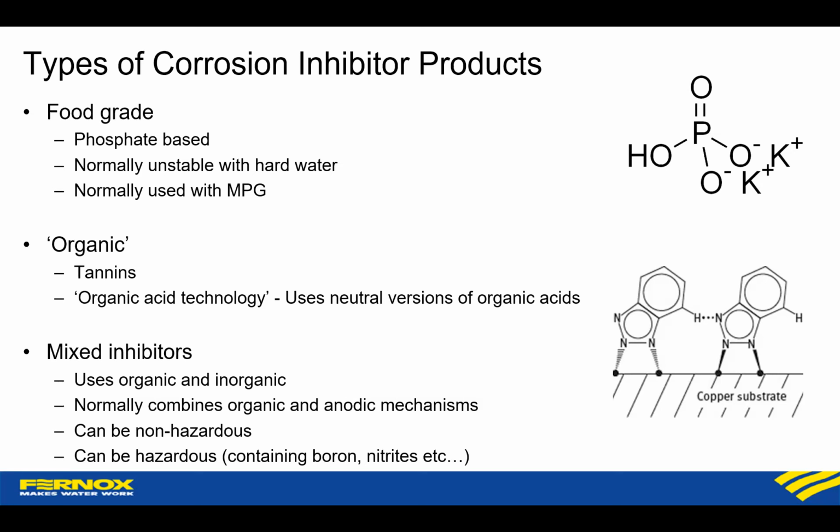They're largely based on tannins, which are a sort of dark brown colour, or organic acids. Again, you can get some very nasty organic acids, and you can get some not very hazardous organic acids. So it all depends on the product, and the safety data sheet will be able to tell you more about that.